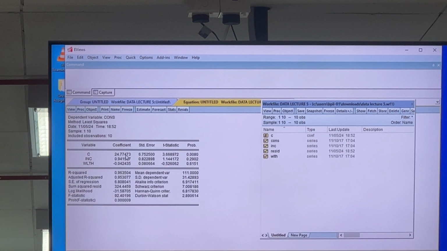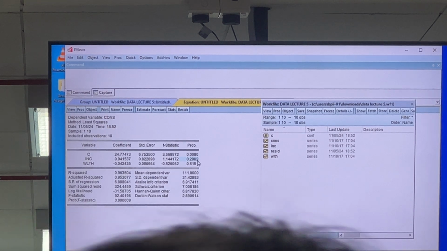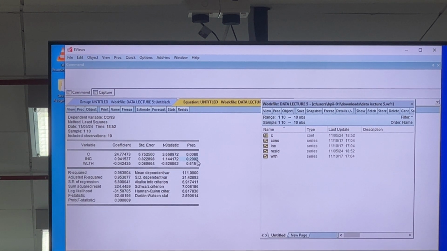So this is the estimate for beta 0, estimate for beta 1, estimate for beta 2. So just now, as I mentioned, for income the sign is okay, but it is not significant. See, the p-value is greater than 0.05. So we do not reject. So we say that there is no significant effect of income on consumption, right?